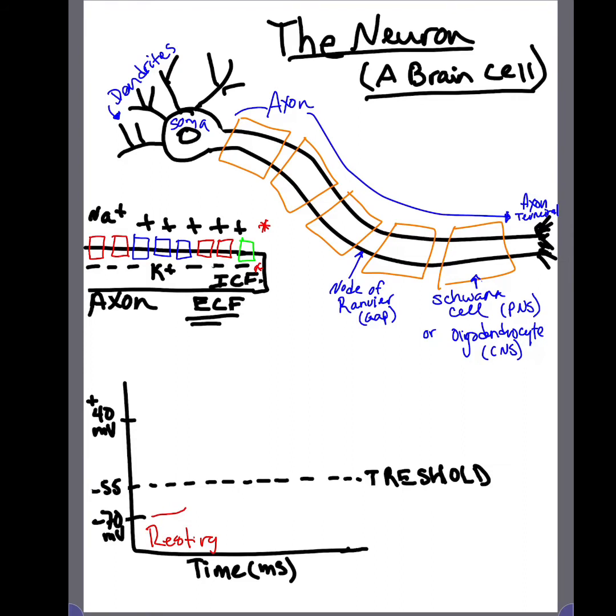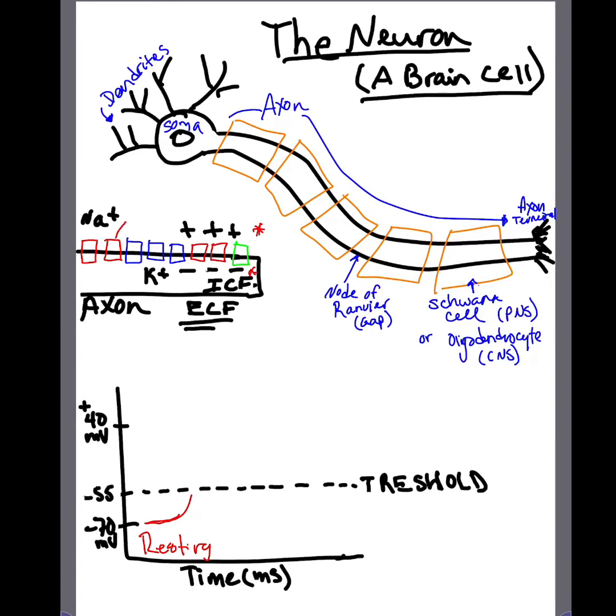On some occasions, sodium channels open, allowing the influx of sodium to the inside of the cell, which causes the cell membrane and the resting potential to reach a little bit of this threshold at minus 55 millivolts.